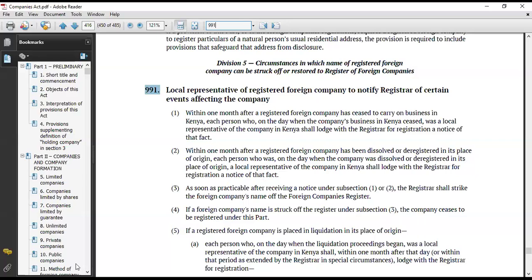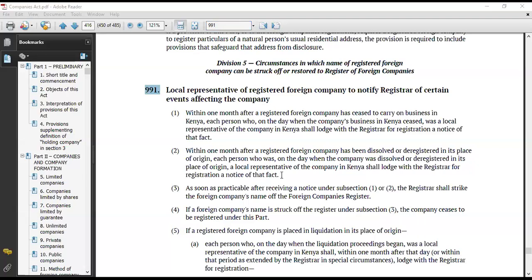So that is the first thing. You can read with 432 of the Insolvency Act, and 396. So they need to approach the registrar.